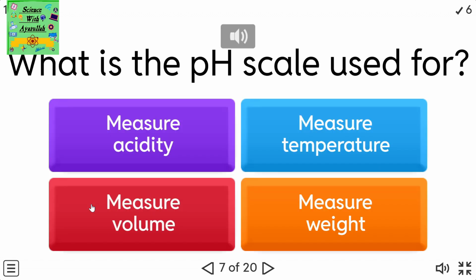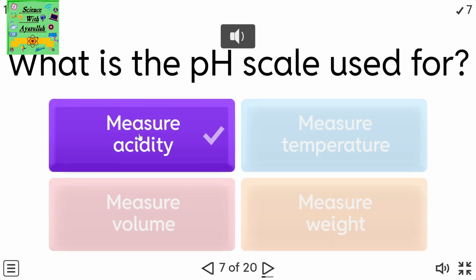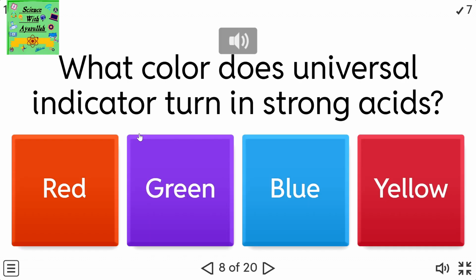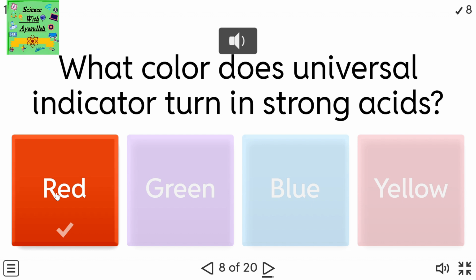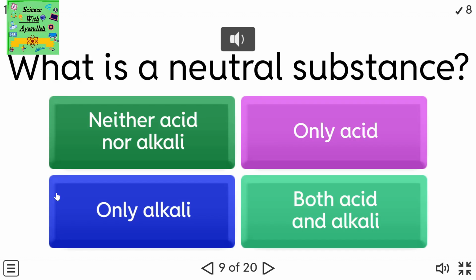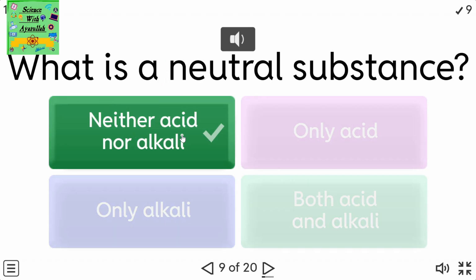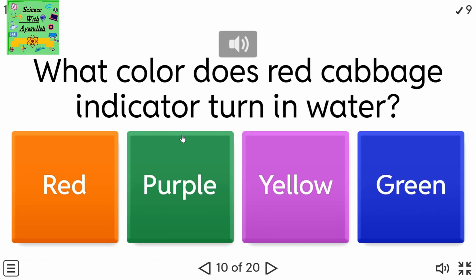What is the pH scale used for? What color does universal indicator turn in strong acids? What is a neutral substance? What color does red cabbage indicator turn in water?